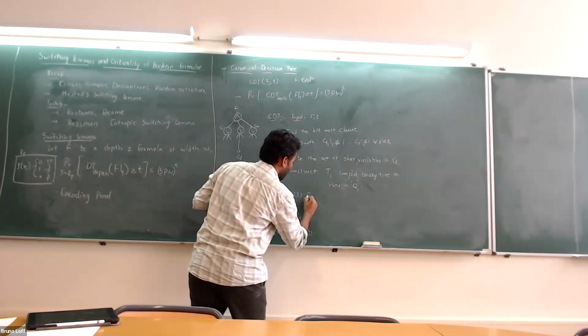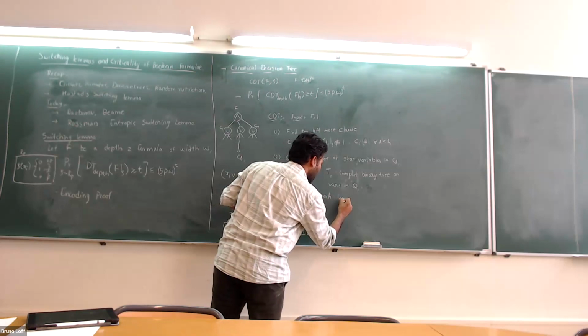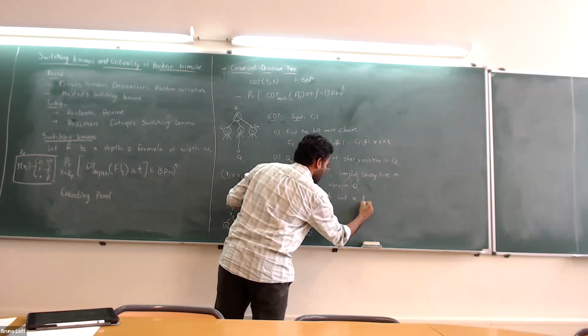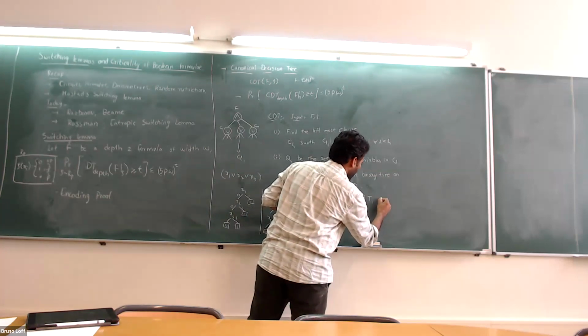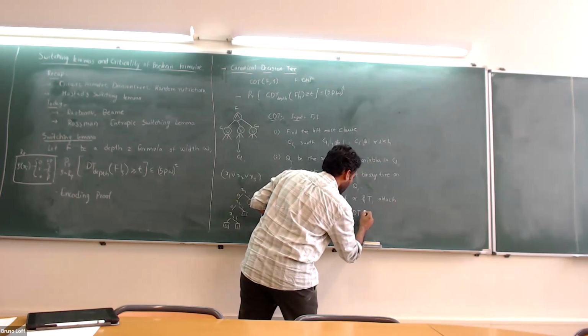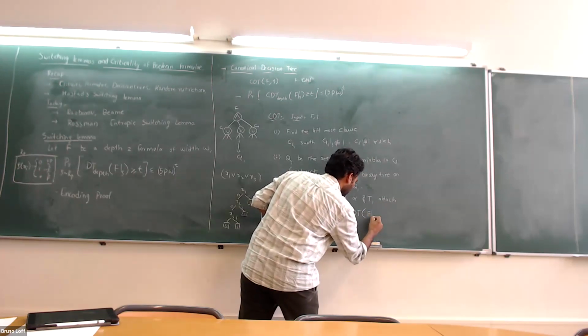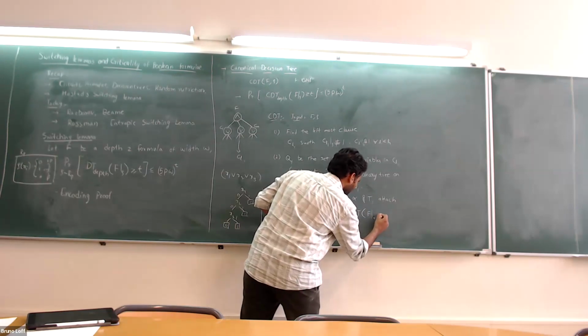And for each leaf, with restriction alpha of this one, attach the decision tree of F restricted to alpha. Okay.